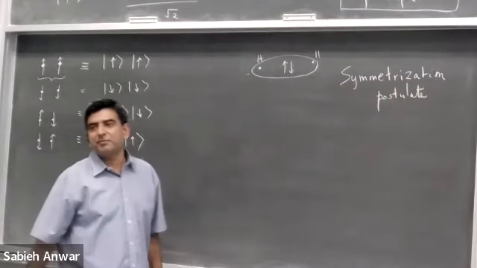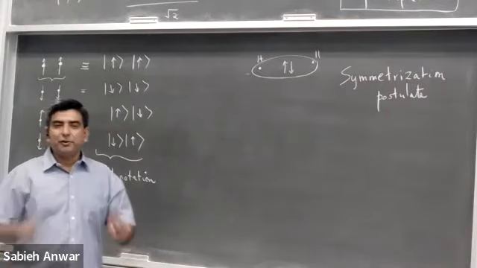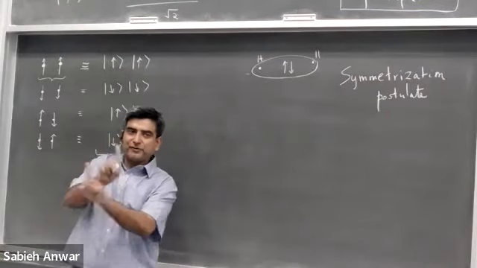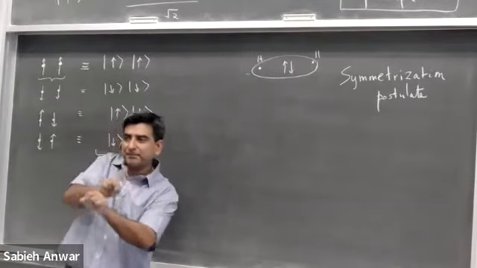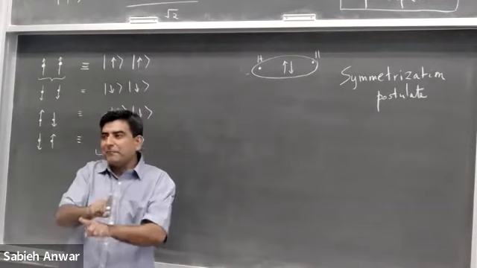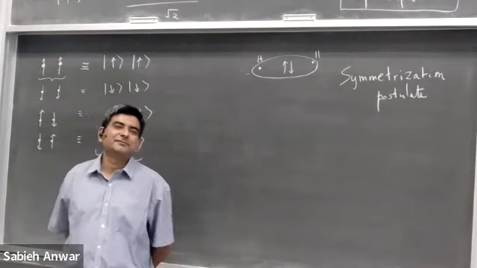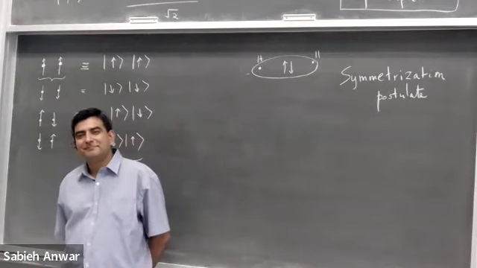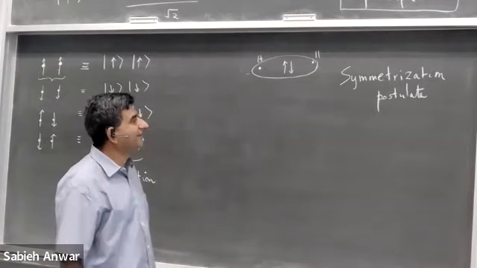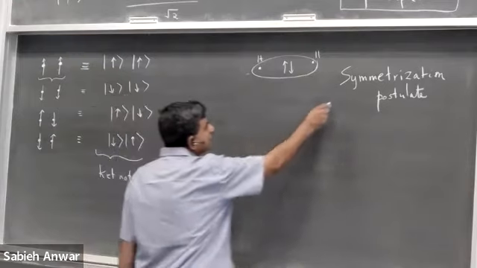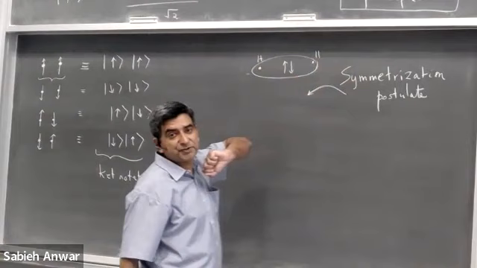What the symmetrization postulate means is that if you exchange two electrons, if you change the position of two electrons, you swap them, then the new wave function that is created has to be the negative of the original. All right, so let me write this in words. The Pauli exclusion principle is a special case of the symmetrization postulate.